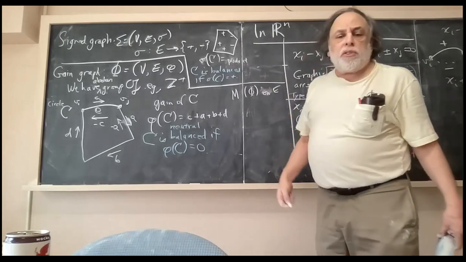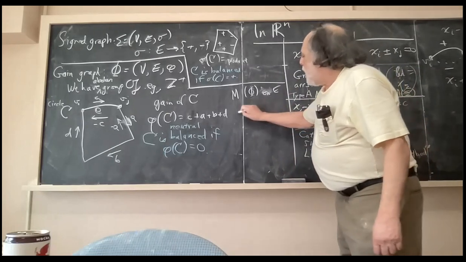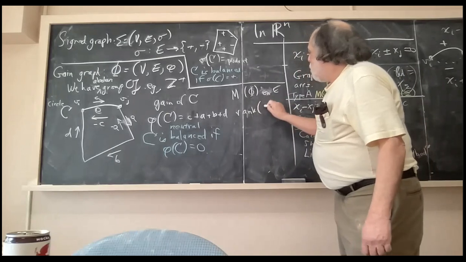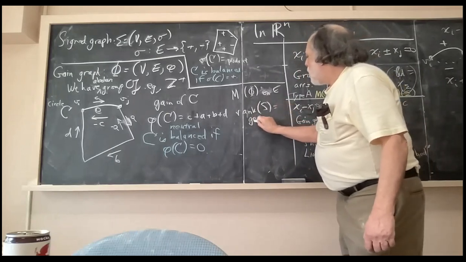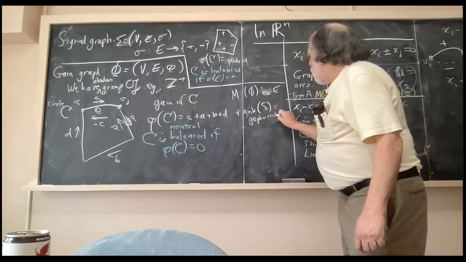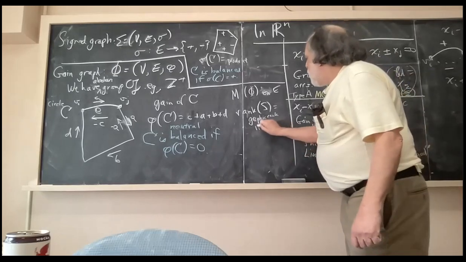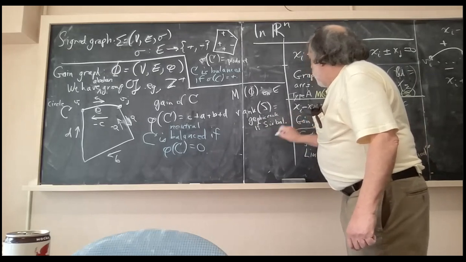The elements of the matroid are the edges of the graph, and the rank function of a subset of the edge set is equal to the graphic rank function, which is the graphic matroid, the ordinary matroid, cycle matroid, if S is balanced, I will define that in a moment.